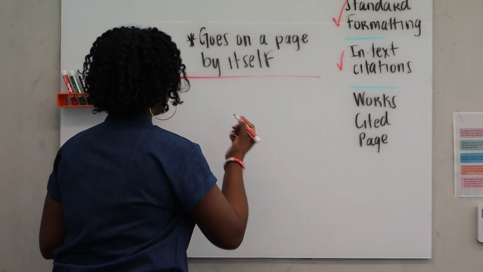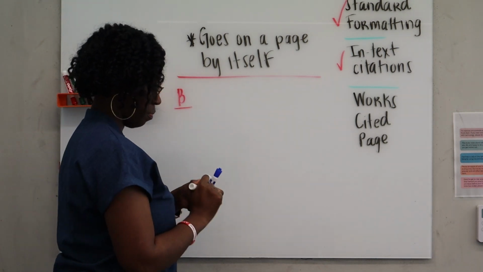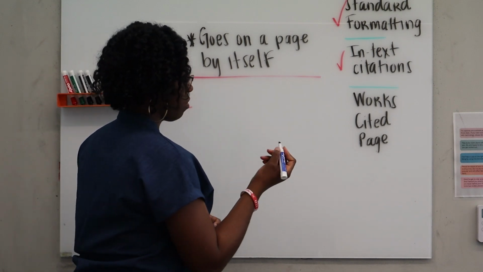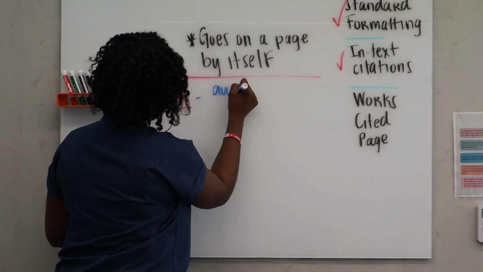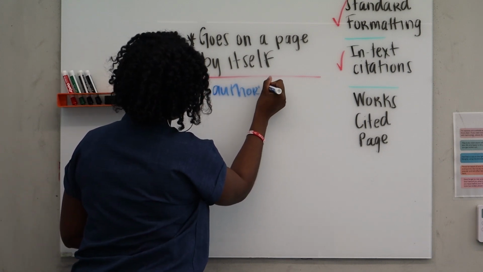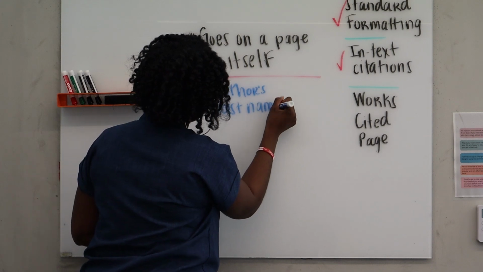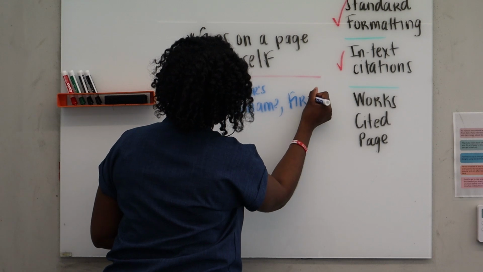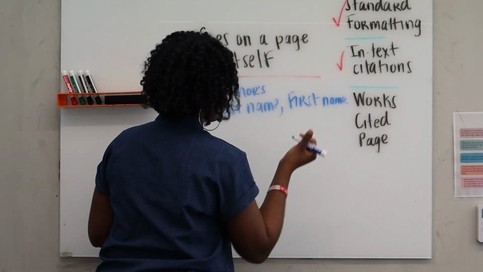Now for a book, it's similar, but a little bit shorter. So for a book, you're going to have the author's last name, again, comma, author's first name, period.